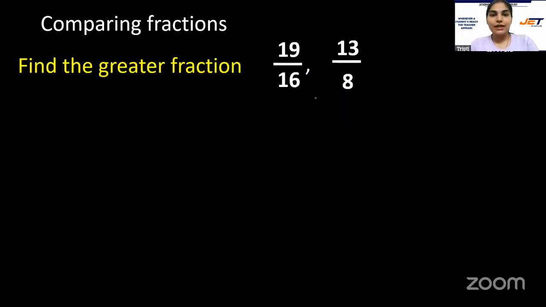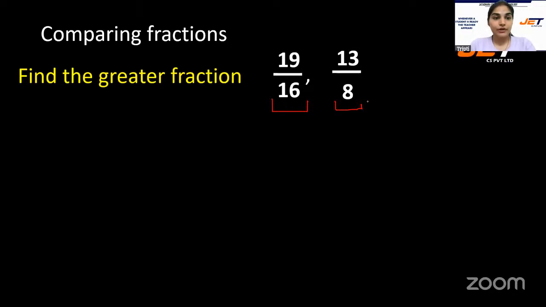Now, here, if you see that in the next one, 16 is in the denominator and 8 is in the denominator. Like this, we cannot compare the fractions. You cannot compare the fractions until and unless the denominators are same.